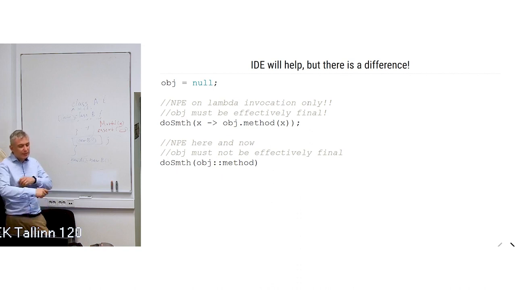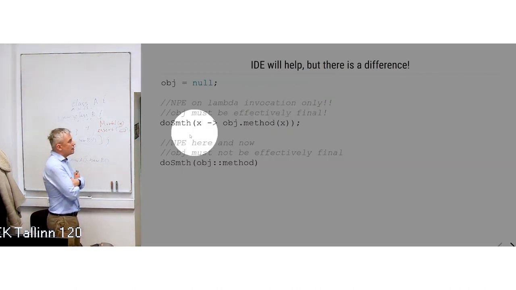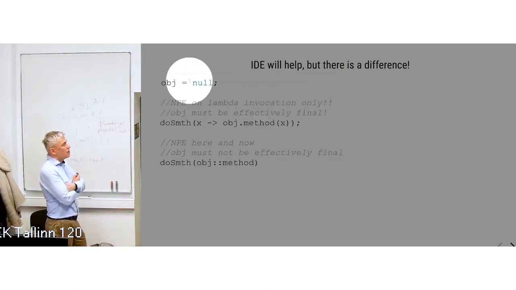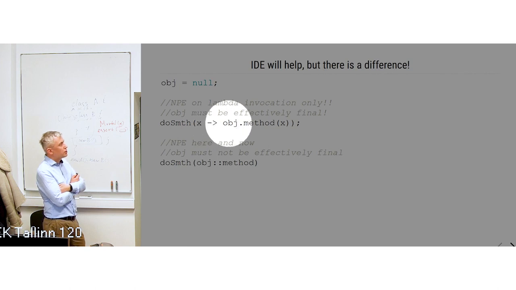But there is a slight difference about invocation, or, I don't know, the calculation of these lambdas and method references. See, if we have an object that might be null at a certain point, and we are calling some method on it in the form of a lambda, and this object might be null when we do something, then the null pointer exception will be thrown on lambda invocation only.